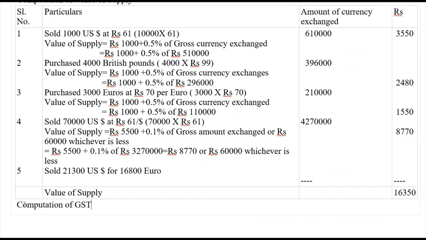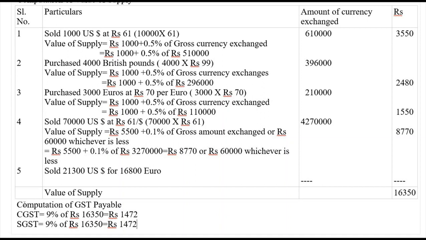computation of GST payable. So CGST, the same 9% of rupees 16,350, equals rupees 1,472. Then SGST equals 9% of rupees 16,350, which equals rupees 1,472.